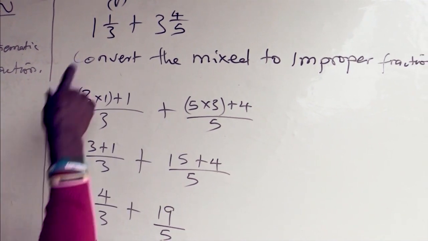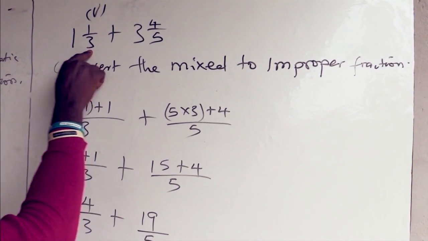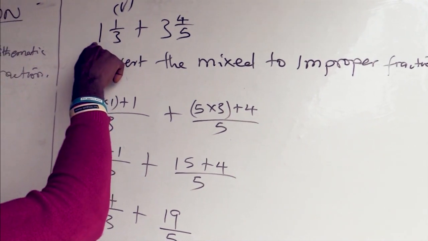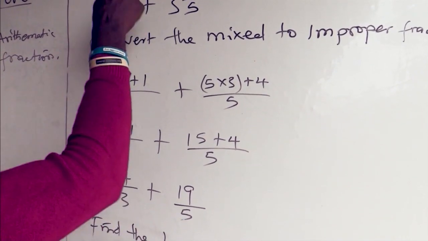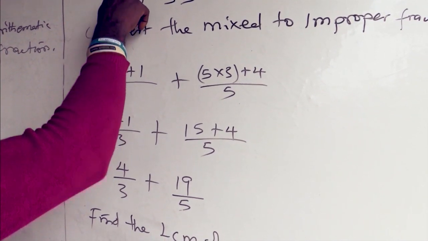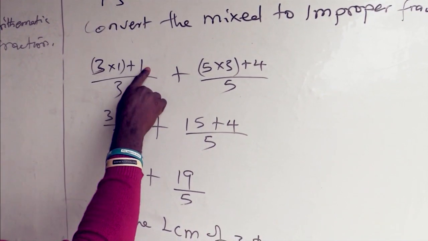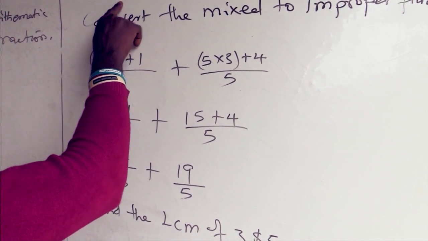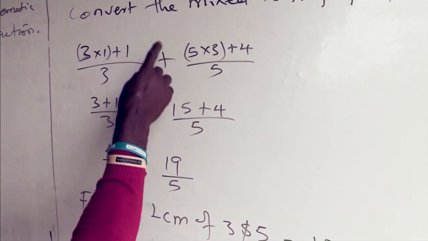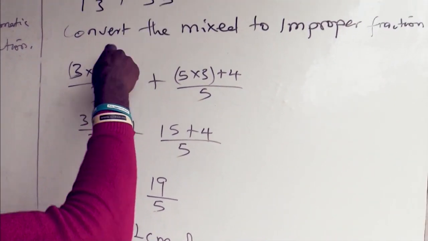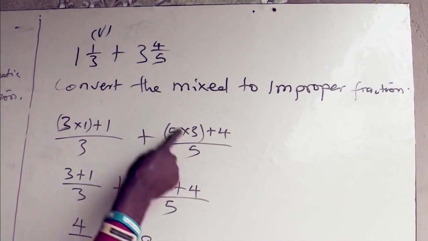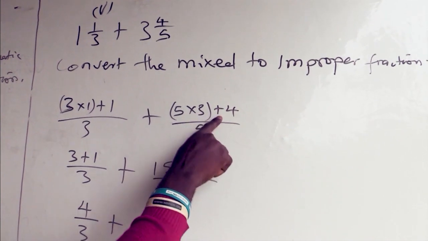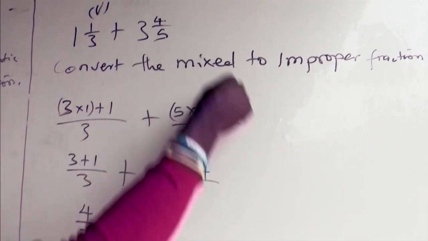We use the denominator to multiply the whole number part, which is why we have 3 multiplied by 1. Now plus the numerator, which in this case is 1. Now all over the denominator, which is also 3. Now plus, in this case too, you use the denominator, which is 5 here, to multiply the whole number, which is 3, plus the numerator, which is 4.